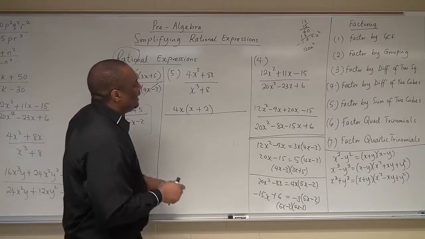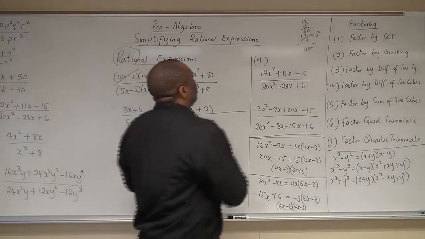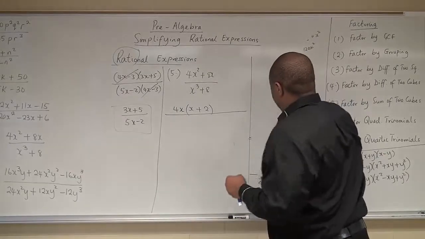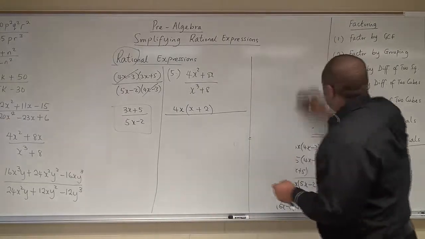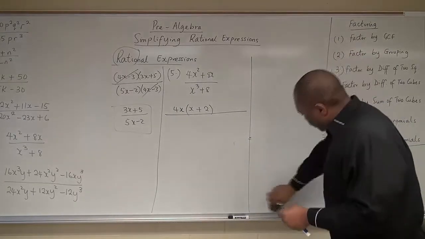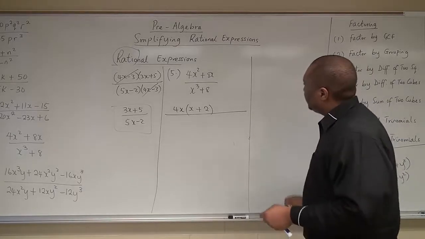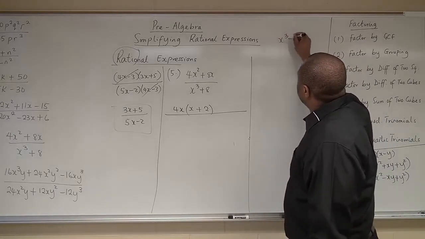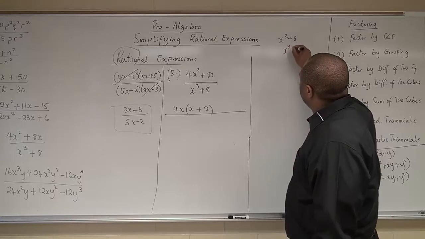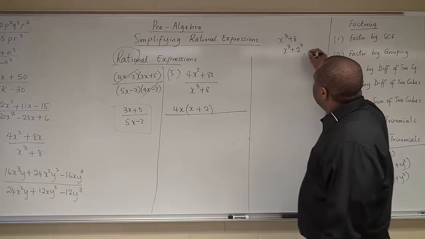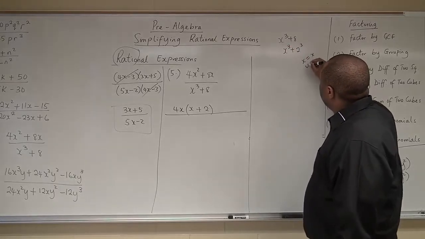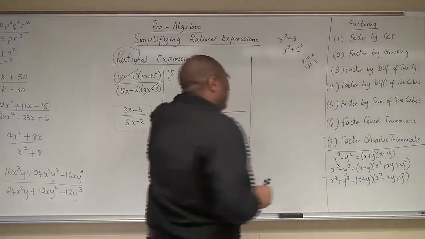So if we do x cubed plus 8, what is our y? Remember when we did videos on this, x cubed plus 8 means x cubed plus 2 cubed. So your x is x and your y is 2.